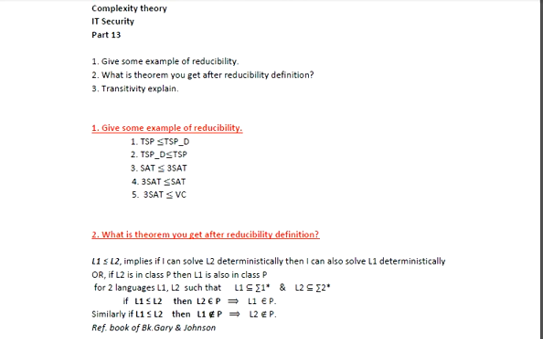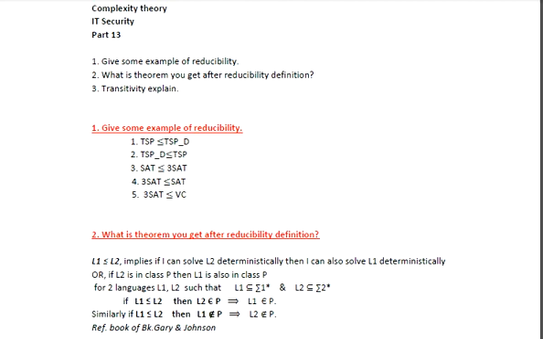3-SAT can also be polynomially reduced to the vertex cover problem. Now these are the problems called left side and right side. These problems are proven NP complete because they fulfill the second part of the NP complete definition. By these reductions we can prove these problems are NP complete.